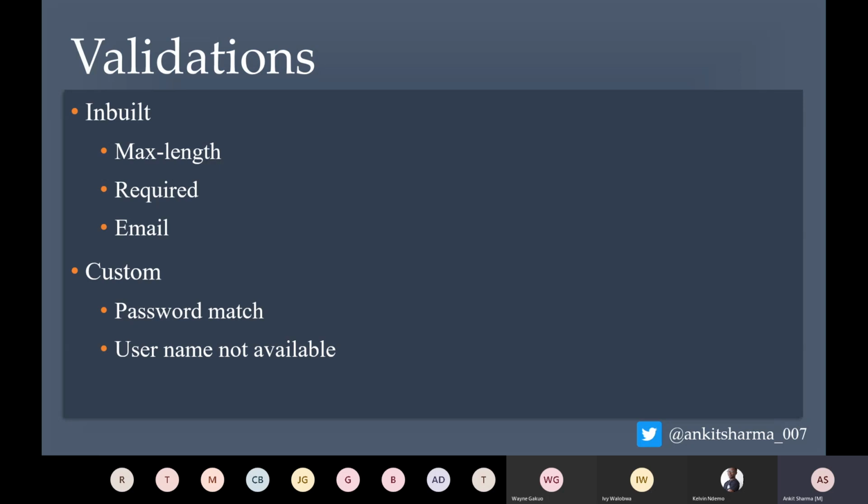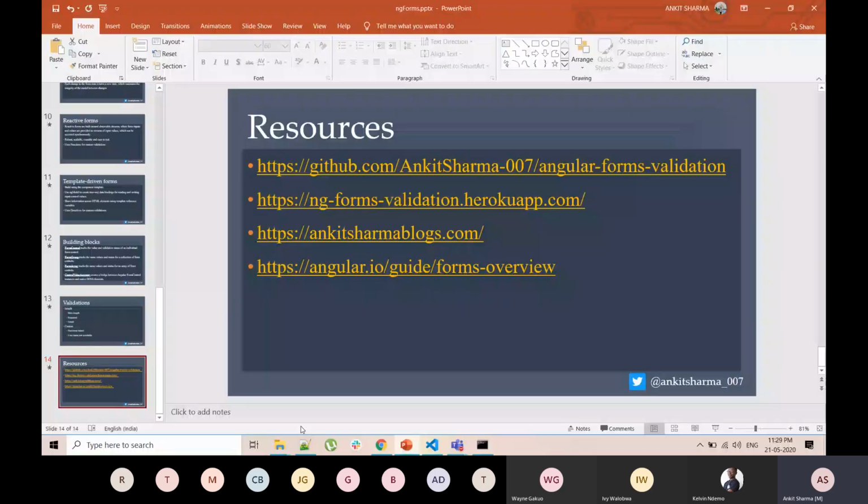This is a very common scenario when you are registering for a Gmail account or any email account: whenever you enter the username, it checks if the username is unique or not. So today we will see how we can allow the user to register only with usernames that are available and unique in the database. Okay, next we'll go for a demo.